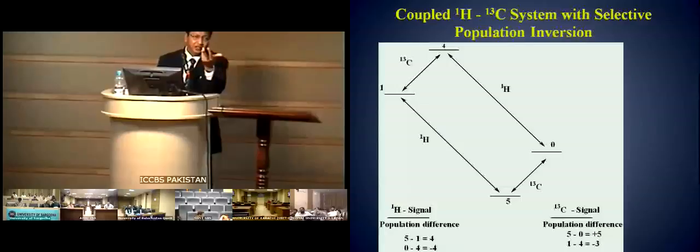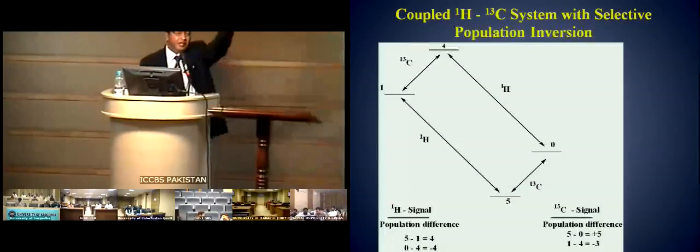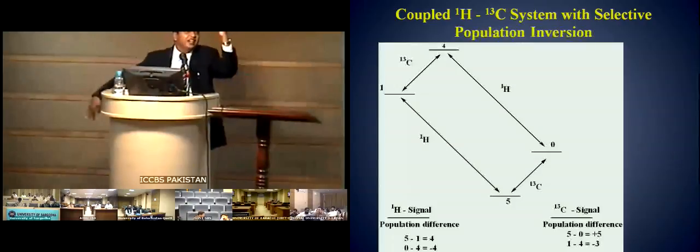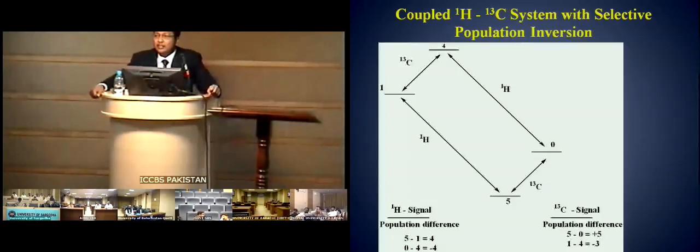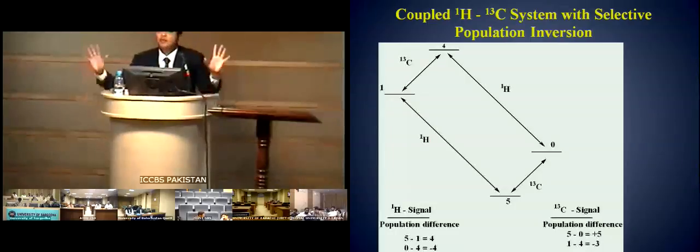I don't know why I'm confusing you. I just want to tell you that plus 5 big signal and negative 3 big signal are also distorted peaks, up and down. 4 times larger peak than the original carbon 13.